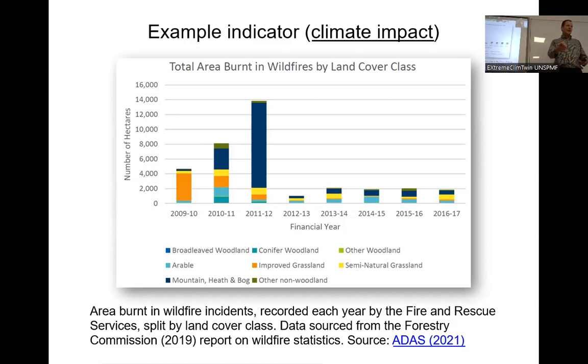There's a human element to the initiation of these wildfires, so it makes it a more complicated indicator to interpret, because there's the natural and the human factors at play.